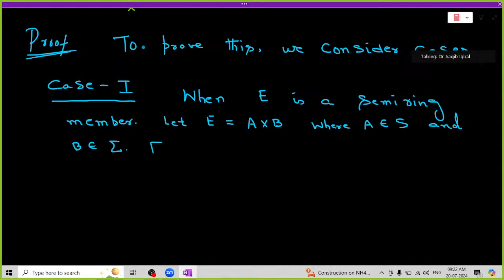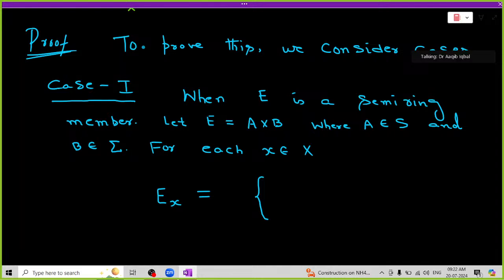Now look, for each x in X, you consider the X section of E. Now what will be this X section? We'll make a classification based on this x.